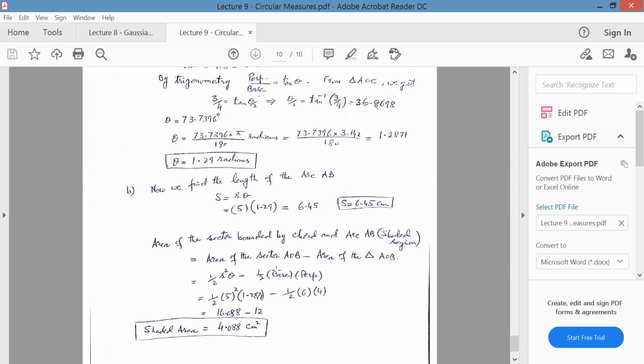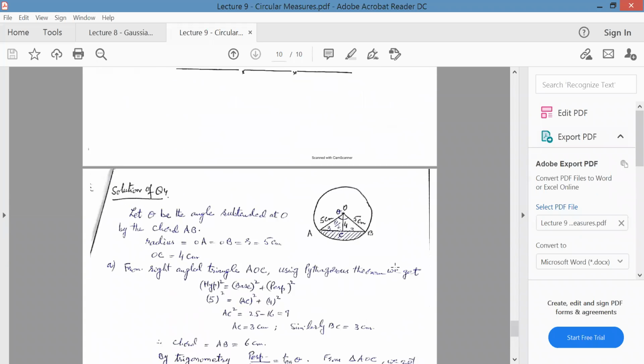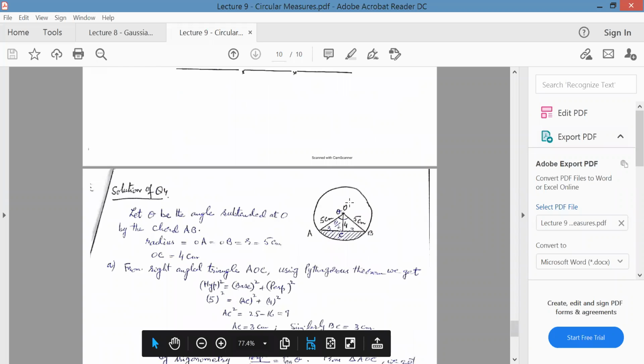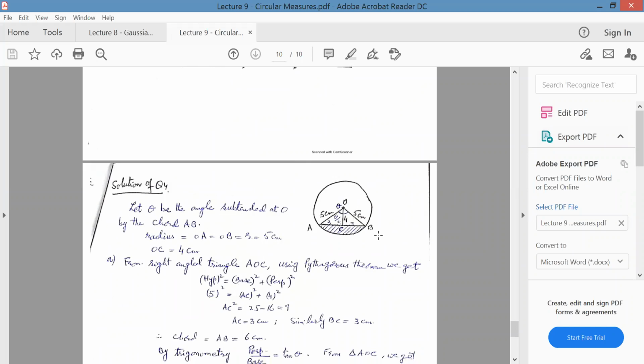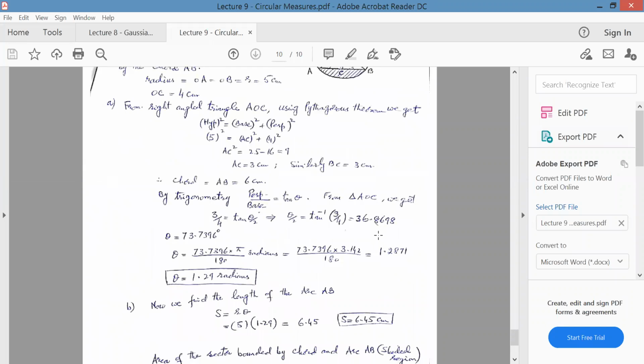तो वही होता है area of the sector AOB minus area of the triangle AOB. ये आपने पहले भी पढ़ा था. सेक्टर OAB यहाँ से कर्व मिलाएगा, ये है सेक्टर OAB. इसमें से माइनस करेंगे द एरिया ऑफ द ट्राइंगल OAB.